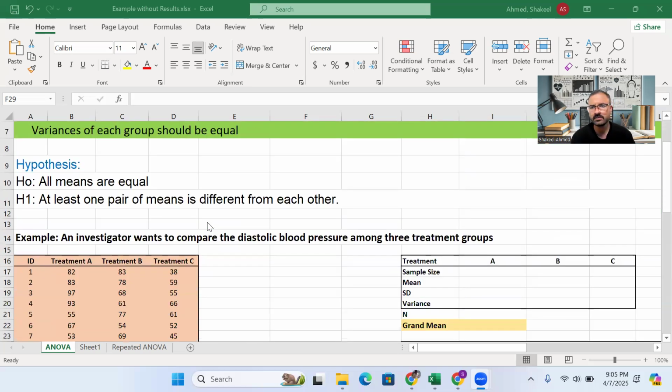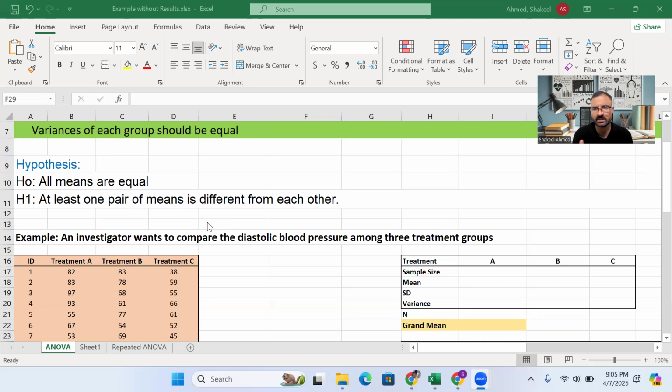So here we have a null hypothesis that all means are equal, and the alternative hypothesis that at least one pair of means is different from each other. You can say at least one mean is different from any of the other means. Then we will reject our null hypothesis. Whenever we reject the null hypothesis, it means that at least one mean is different from the others. So when we reject our null hypothesis, we perform a post hoc test to test which pairs are different and which pairs are equal.